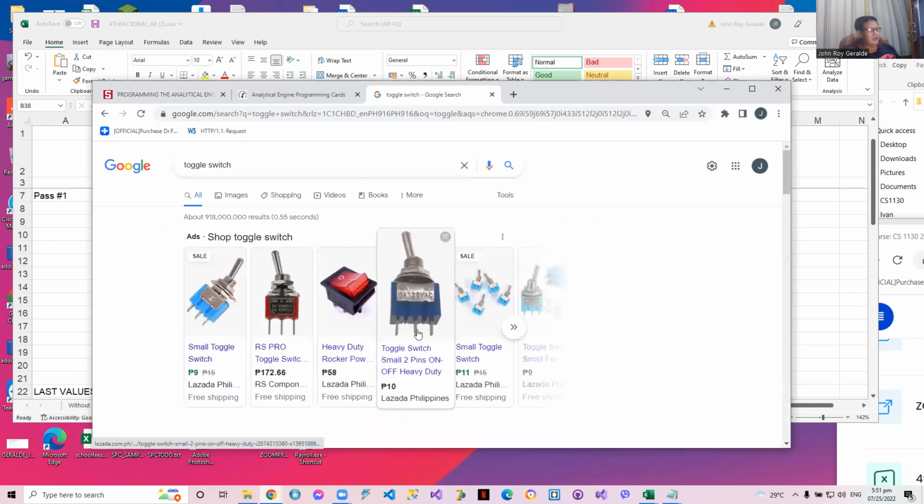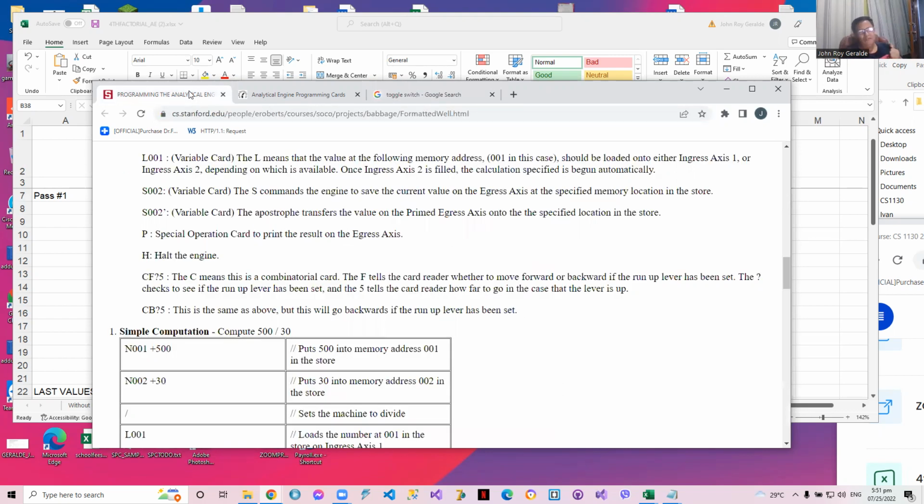It's like a toggle switch: when it's set up, it's on; when it's set down, it's false. On or off, no? Do you follow? Depending on the last operation, the run-up lever will be set to either 1 or 0. If the last operation is negative, it is set to 1.